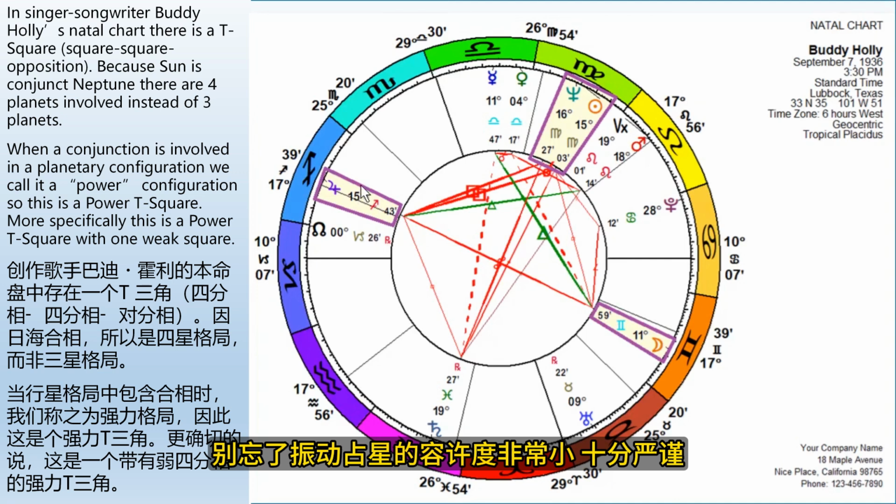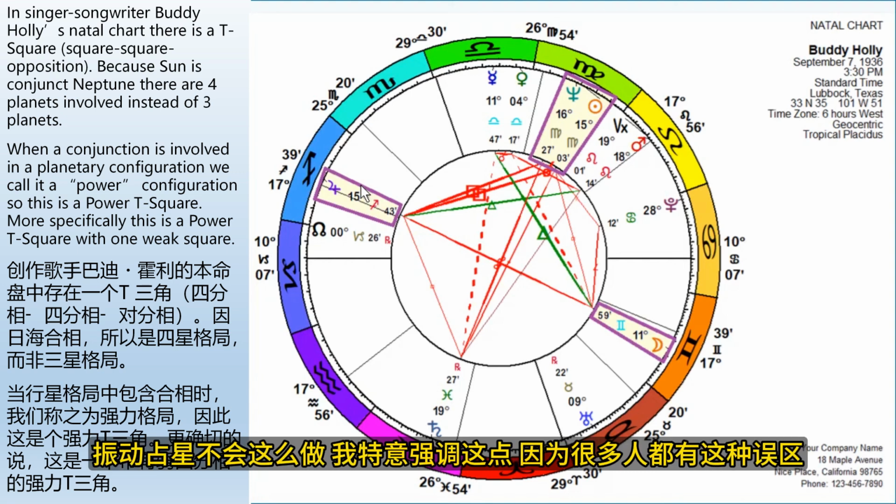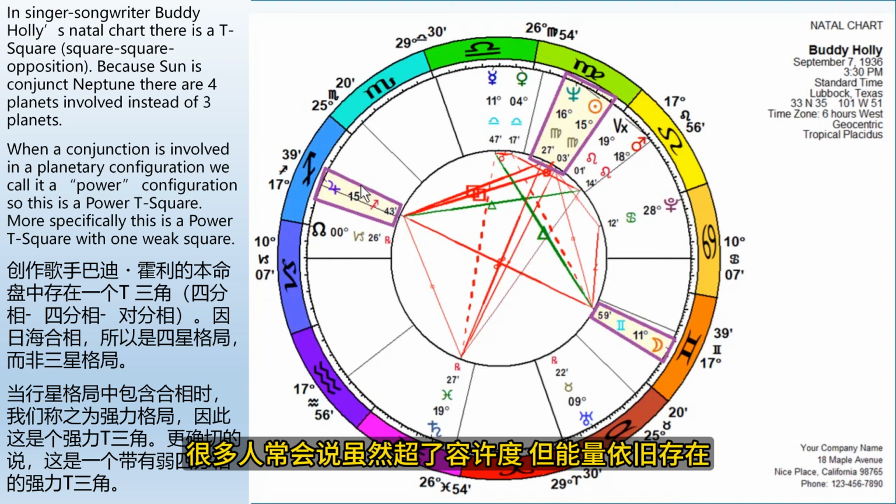Remember that in vibrational astrology, orbs are taken very seriously. It's not some sloppy thing like you might say, oh, well, it's out of orb, but it's still there. No, we don't say that in vibrational astrology. Let me say that again because it's a good example, because people say that kind of thing. They say, well, it's out of orb, man, but it's still there.